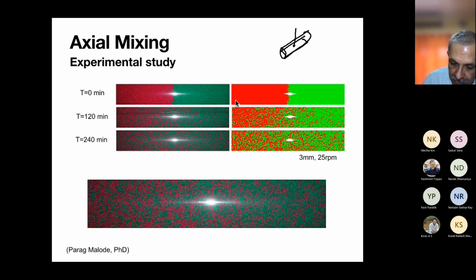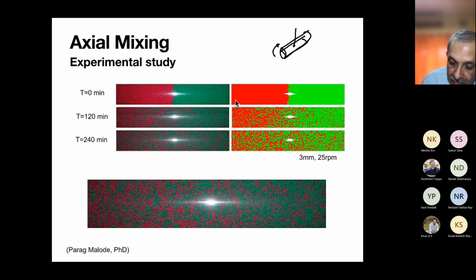And then you essentially rotate this cylinder for a long time and take another picture after 2 hours, 120 minutes, and then it looks something like this. Then you take it after 4 hours and it looks something like this. This is for 3 millimeter glass beads and the rotational speed is 25 RPM.